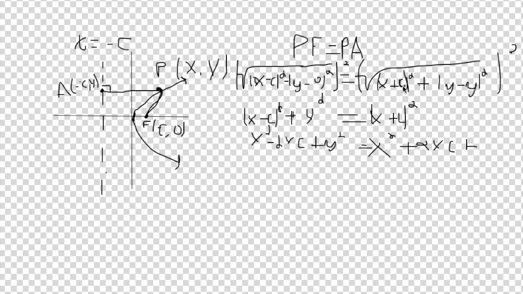Oh, my mistake, that is x plus c squared. So there we have it. You can get rid of both x squared terms because they're going to cancel each other out.